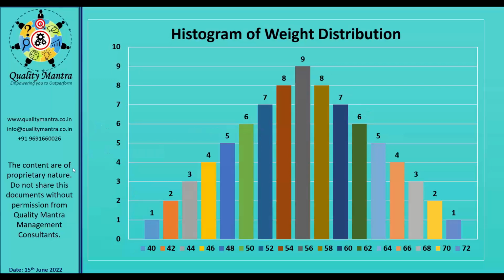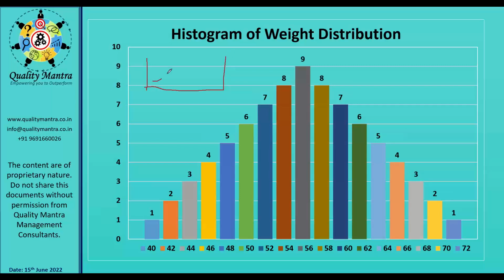Basically it is used for analyzing your data with respect to the specification limits. So what are the products you are manufacturing or your incoming products? You have a certain specification from this millimeter to this millimeter you are allowing, and then you have the product.